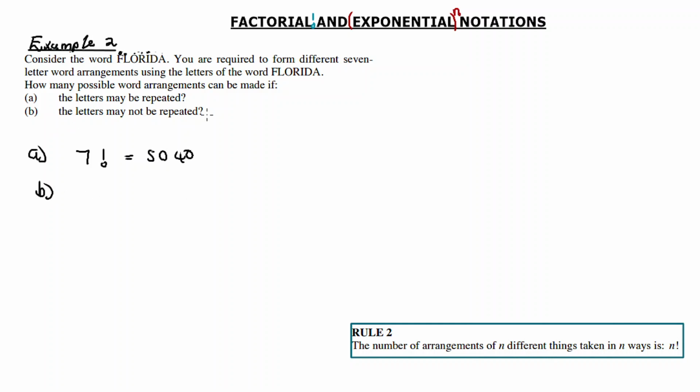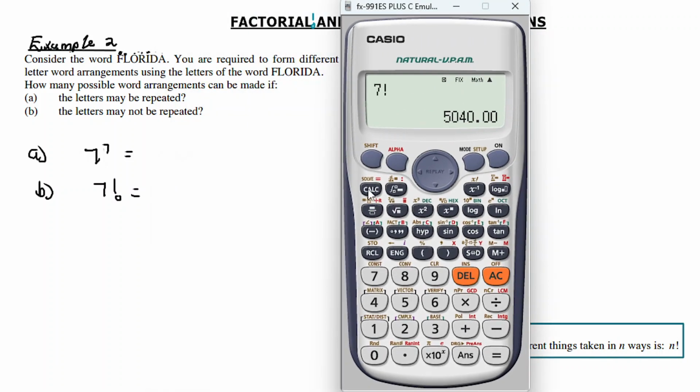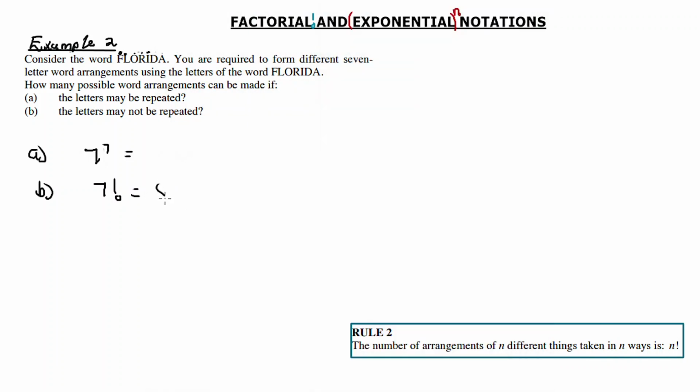B, the letters may be repeated. So you have 7 raised to exponent 7. The letters may not be repeated. You have 7 factorial. So 7 factorial of 5040.